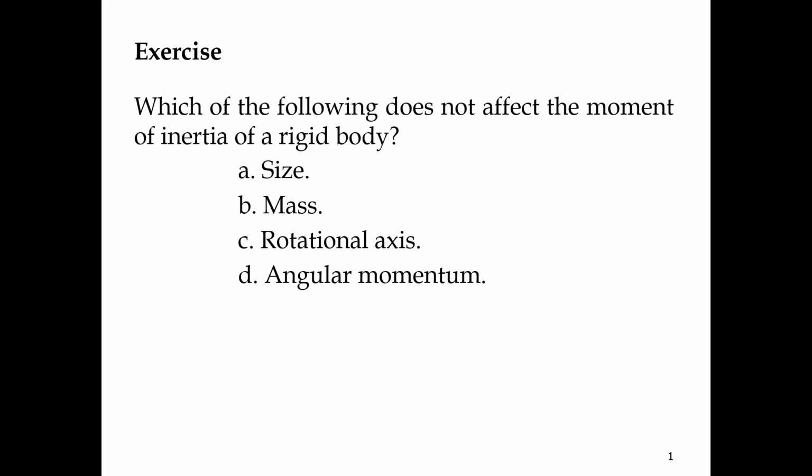And D. Angular momentum. What do you think? According to the formula, I equal to m r squared, so the moment of inertia will depend only on the size, the mass, and rotation axis. Hence, the answer will be D.